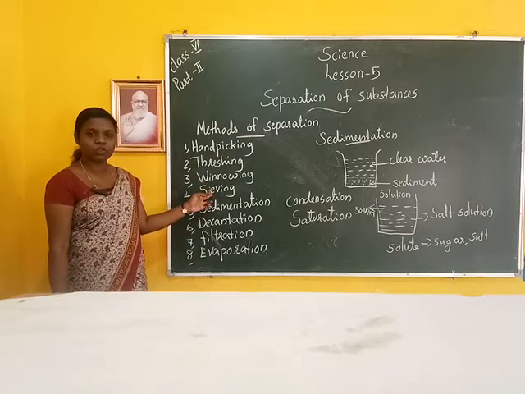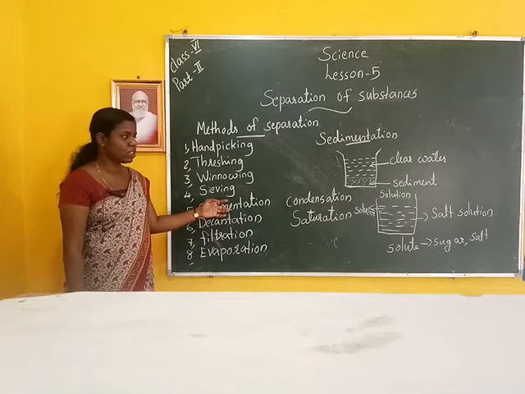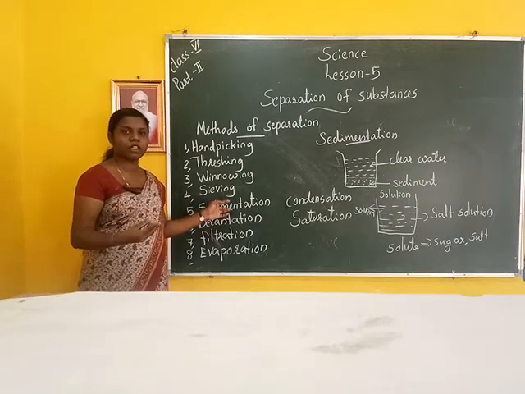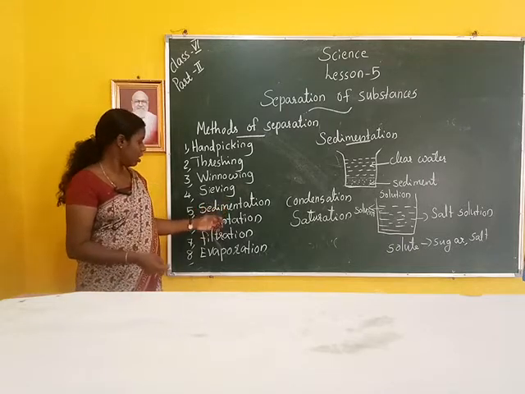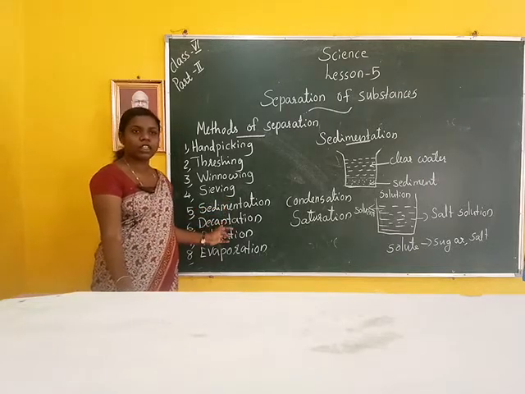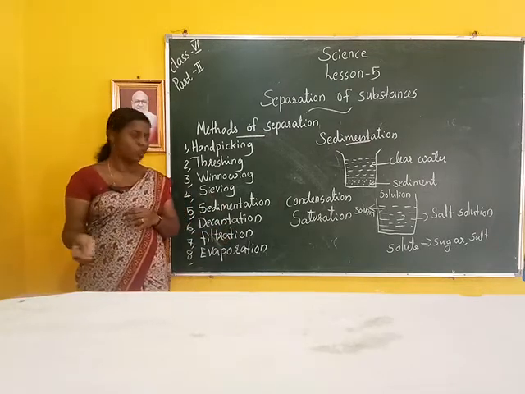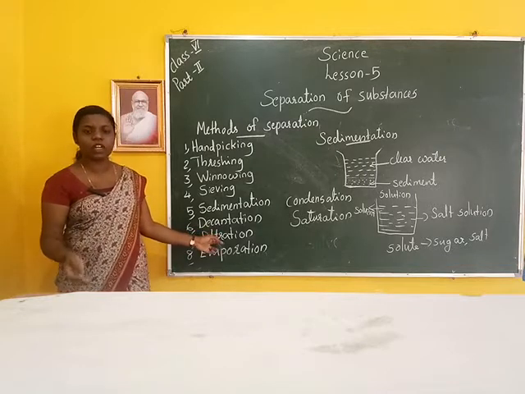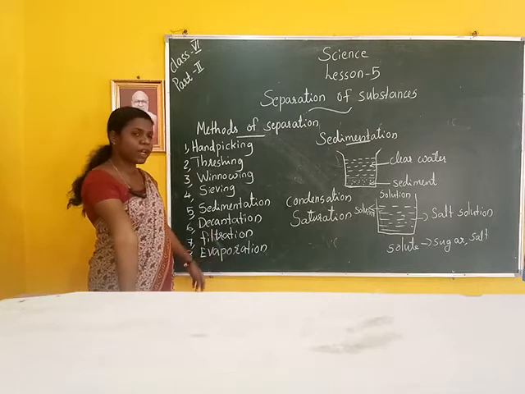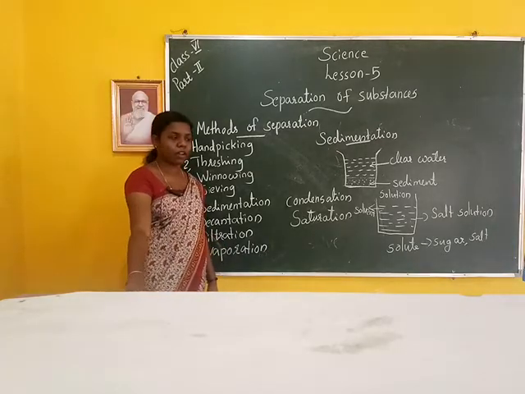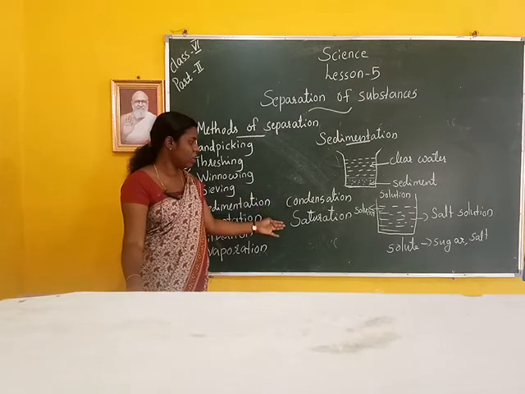Sieving means use of a sieve. Sedimentation means sediment particles settle at the bottom of the beaker or glass. Decantation means pouring clear water from one vessel to another. Filtration, a very good example is tea preparation, tea filtration. Evaporation, water vapor. Then other methods of separation are condensation and saturation.